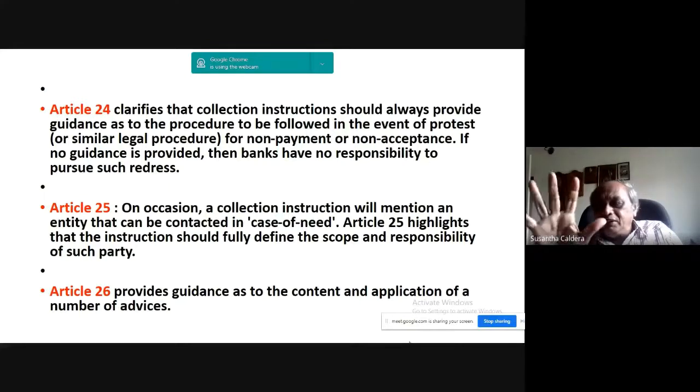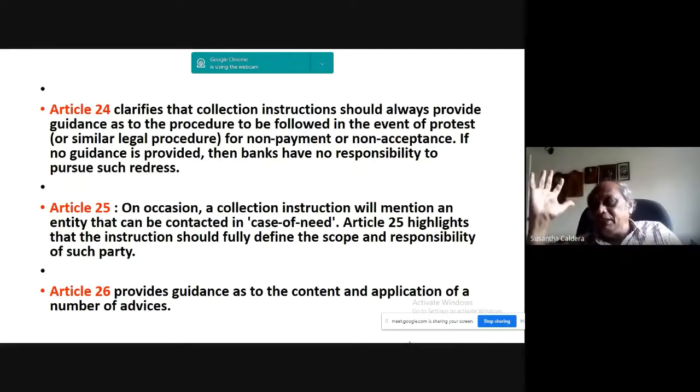But we have no responsibility to take instructions from him. As a presenting bank or collecting bank, my only obligation is to inform him. He has to get in touch with the exporter, and the exporter will then give instructions. He can't deal with the remitting bank. He is no one, right?